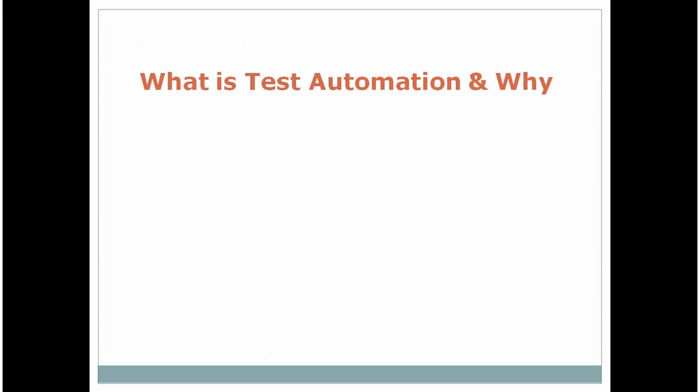Now, the first item of the day is, what is test automation and why? If we go by the definition, test automation is the use of special software to emulate user actions on the software under test, and the comparison of actual outcomes with expected outcomes or behavior. In other words, the test automation tool emulates the end user's activity on the application.